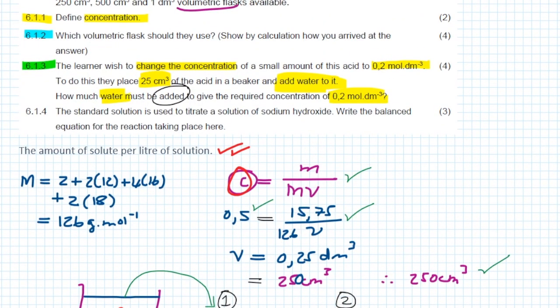Now we can move on to question 6.1.4, which says the standard solution is used to titrate a solution of sodium hydroxide. Write the balanced equation for the reaction taking place here.